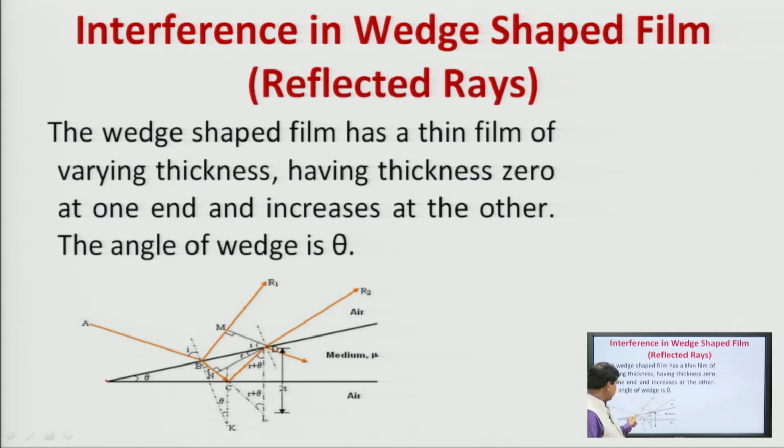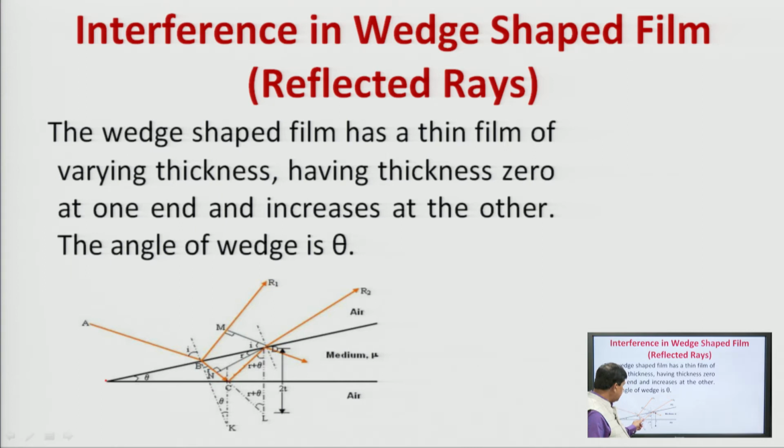From the upper surface of the film, a part of the light will reflect; BR1 is the reflected beam from the point B. The rest of the light will be transmitted or refracted. BC is our transmitted or refracted ray.